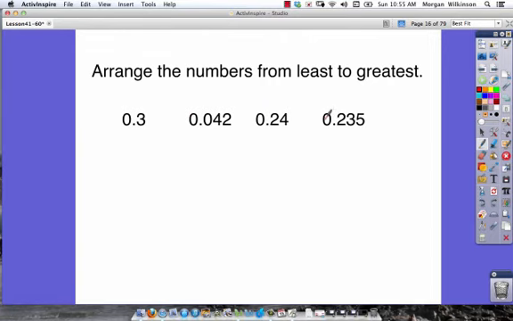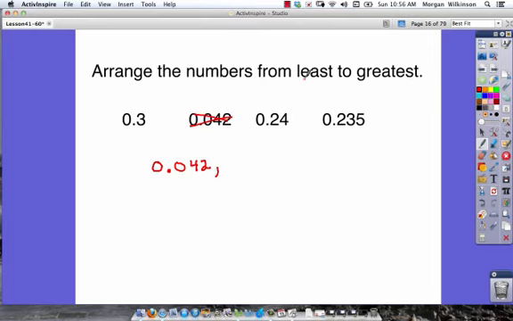So they're all equal for the ones. Now in our tenths, we have a 3, a 0, a 2, and a 2. Well, 0 must be the smallest, so we've got our least number. Our least number is 0.042.